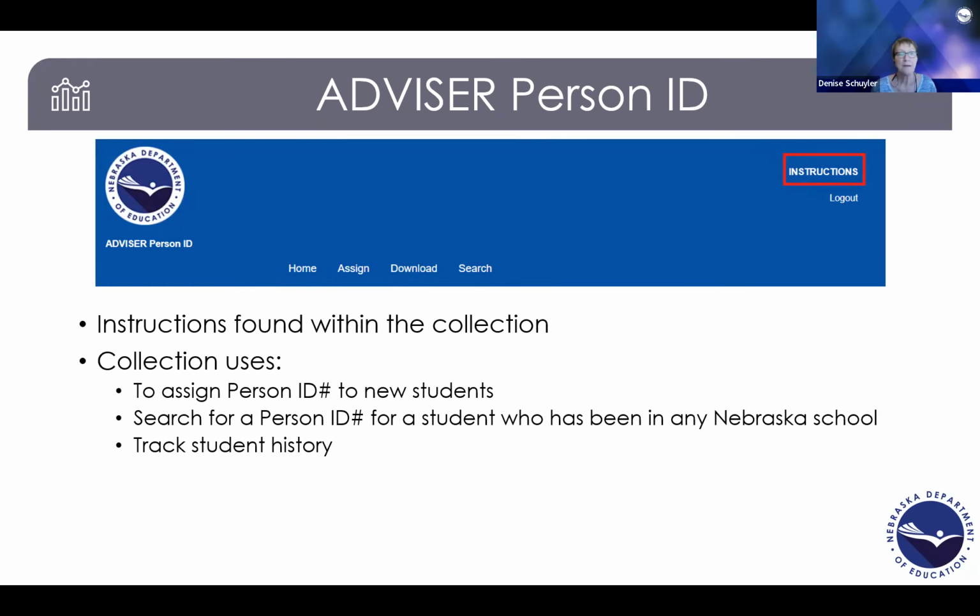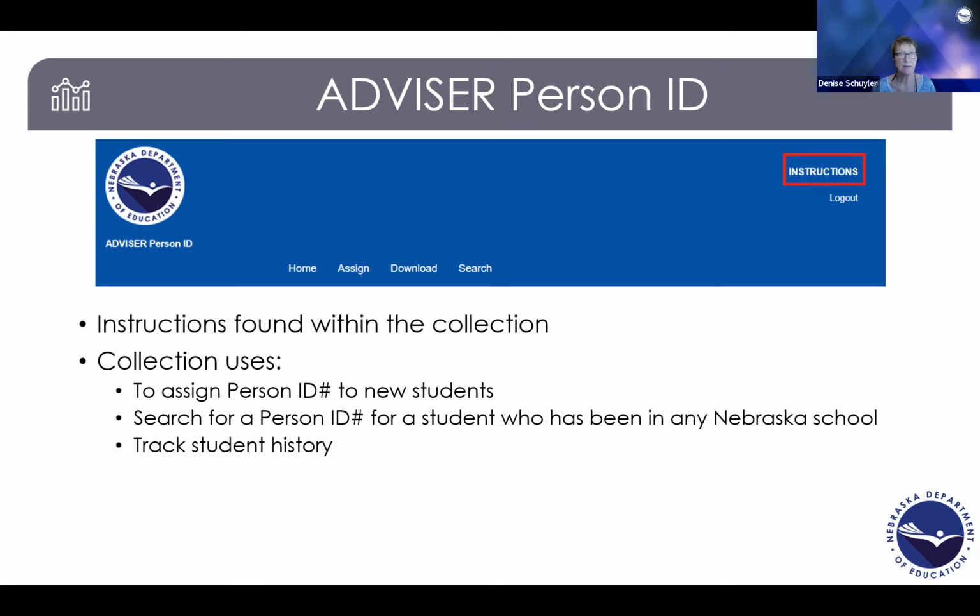So the instructions for the advisor person ID can be found in the upper right-hand corner. Once you've accessed the collection, you've added it to your portal account and now have access to the collection. The uses are to assign a person ID to a new student.